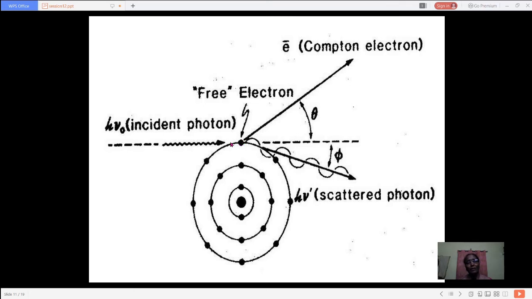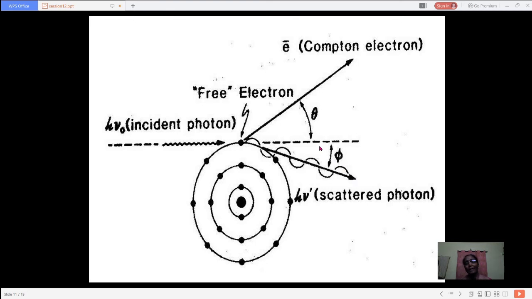Whatever energy is incident on the free electron, the electron itself takes some of the energy. The rest of the energy is scattered in a different direction. The incident energy goes straight in this direction, but after scattering it does not go in the same direction as the incident radiation; its direction changes.